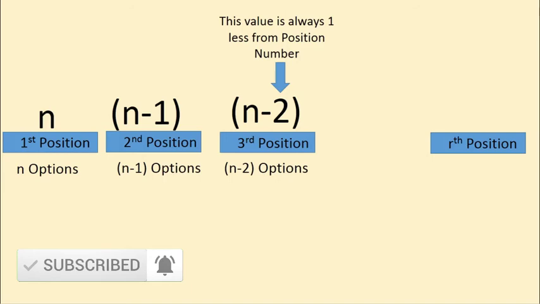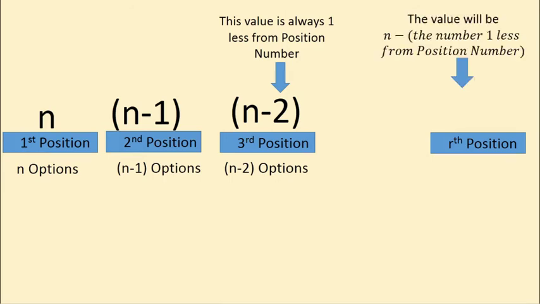So for the rth position, the number will be n minus (r minus 1). So we have n minus r plus 1 options to fill the rth position.